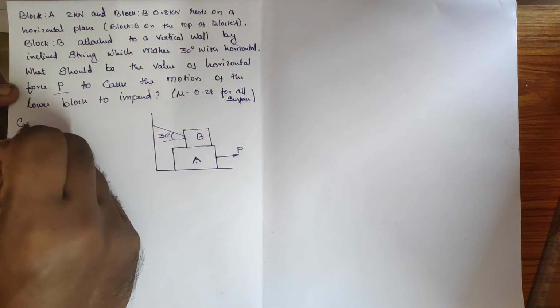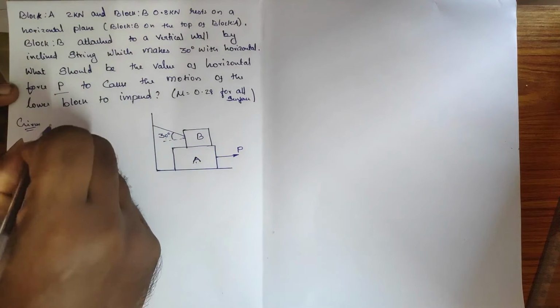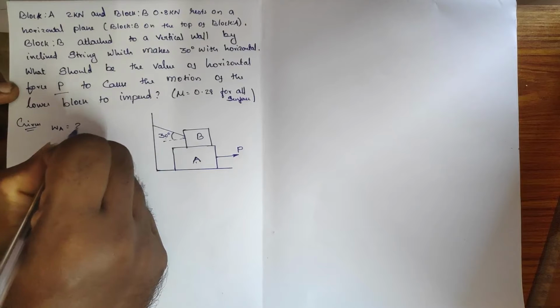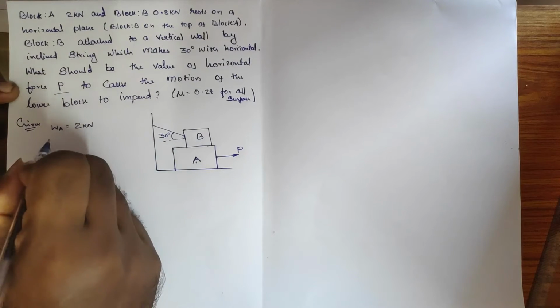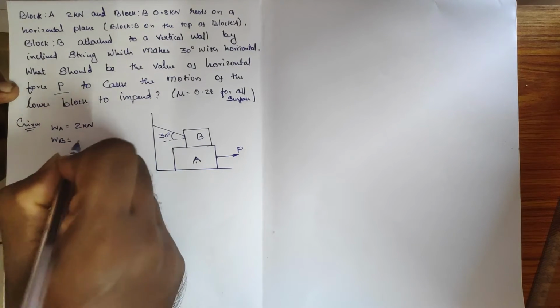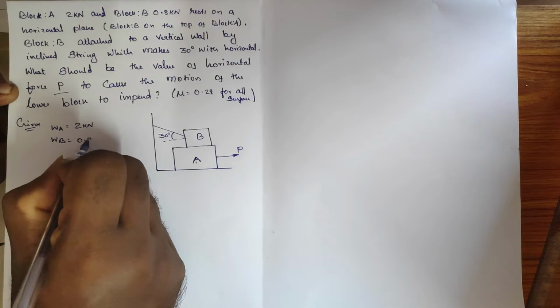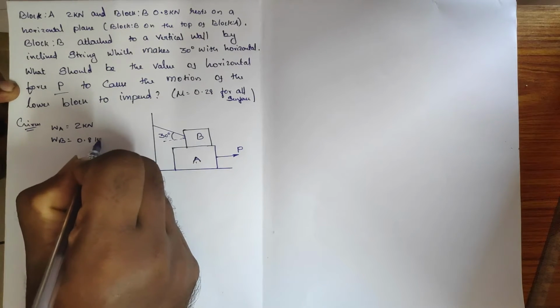From the question itself, we can take weight A, which is given as 2 kilonewton, and weight B, which is given as 0.8 kilonewton.